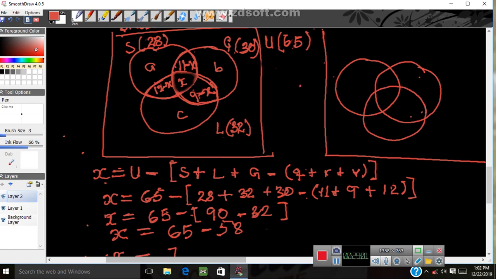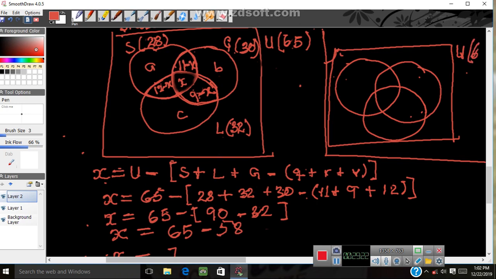I'll put this in a rectangle, different from the one I did at first. I bring my universal set symbol here, that is 65. Then I write on top: revised diagram.